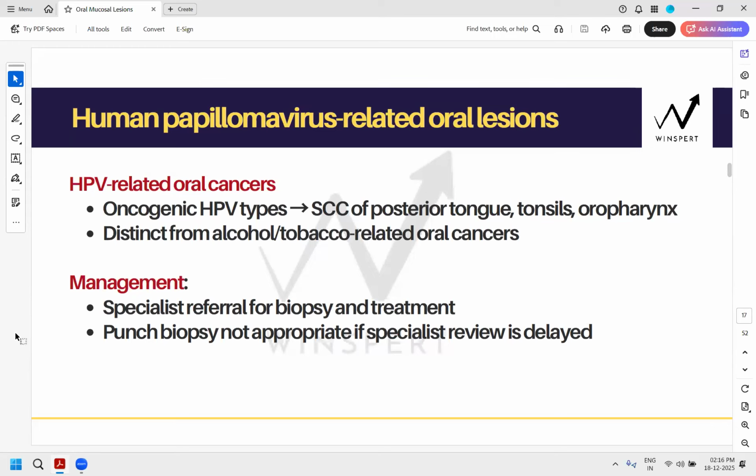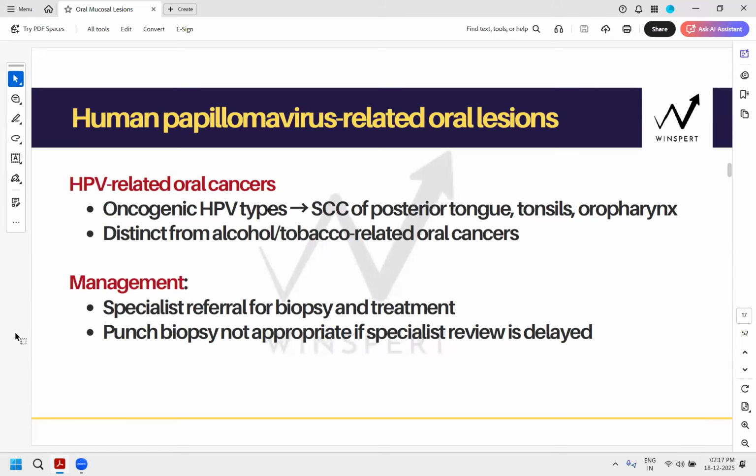So your oral hairy leukoplakia, your oropharyngeal long-term chronic candidiasis, HPV infection, or any other sexually transmittable infections are considered the conditions or indicators which require testing for HIV.